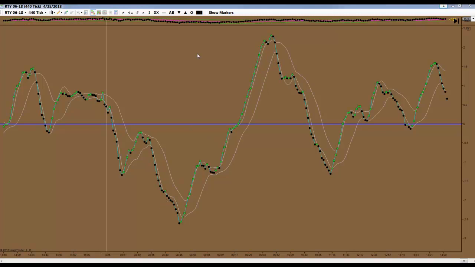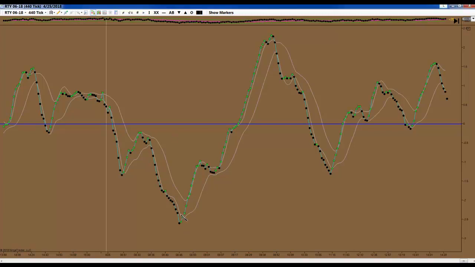The important thing to keep in mind is the distance between two things. Number one, the distance between the BBs themselves, one to the next, to the next, to the next. And the distance between the white band and the BBs. So there's two types of separation that we look for.